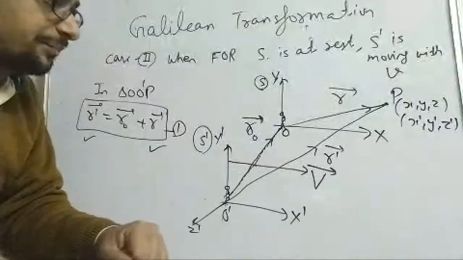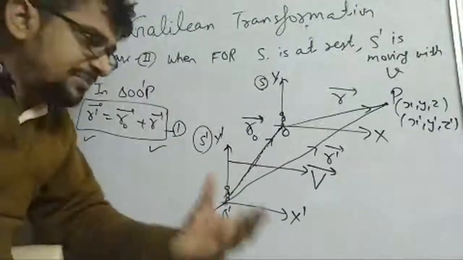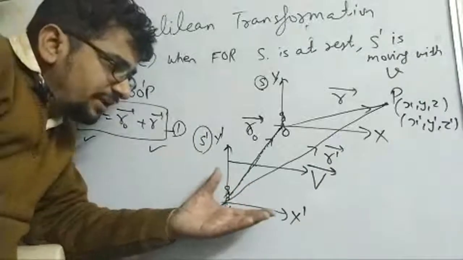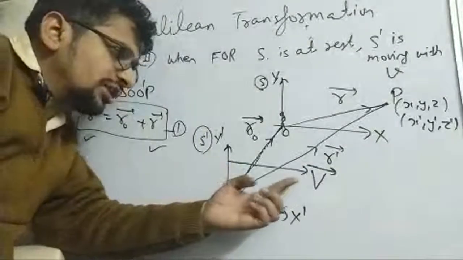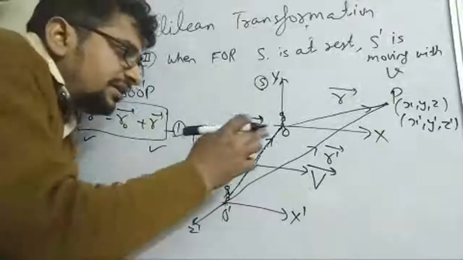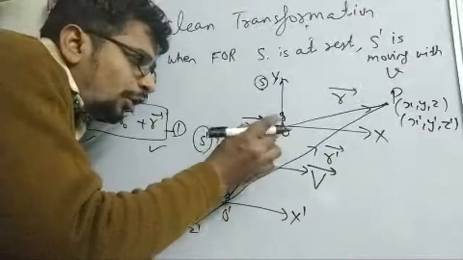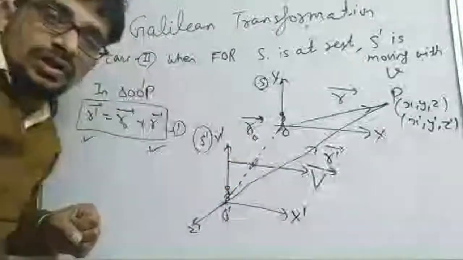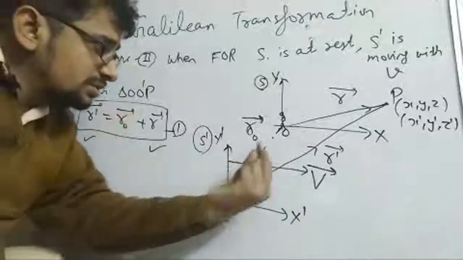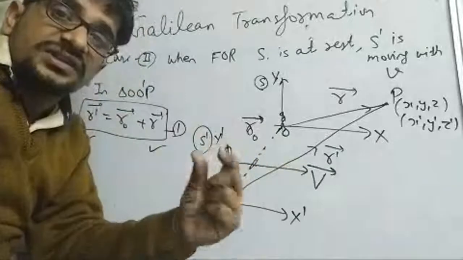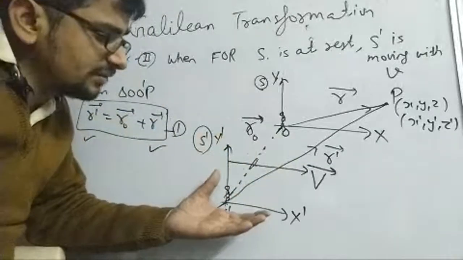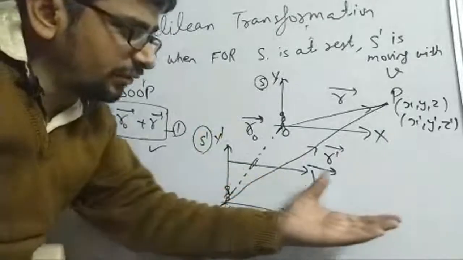Okay. Now, be practical in this example. If this person is moving continuously with constant velocity V, then the distance between both observers will not be constant, because this distance varies with time continuously as this person is moving forward.